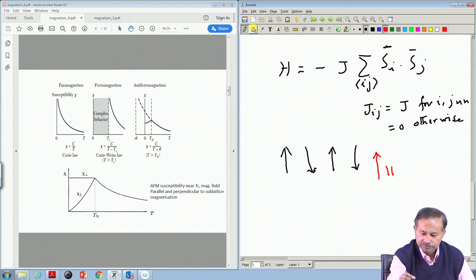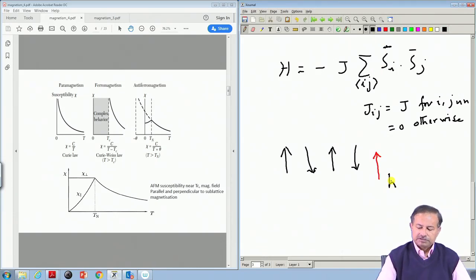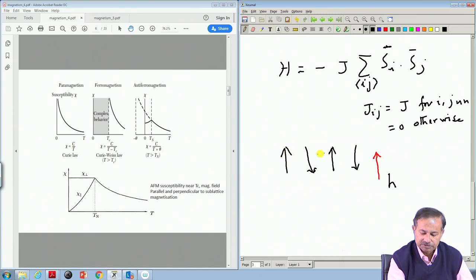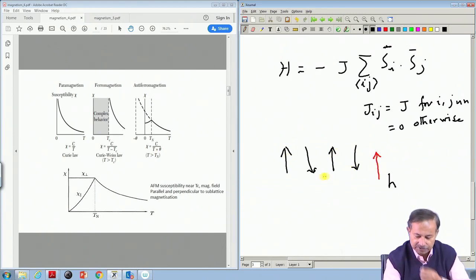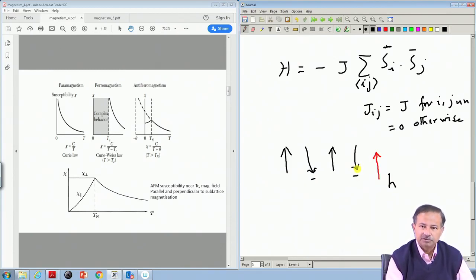Let me write small h for the magnetic field, then there is no confusion with the Hamiltonian. So, this h is in the direction of these spins, and then what will happen is that these spins are now unhappy, because they are in their high energy state, antiparallel to the magnetic field.